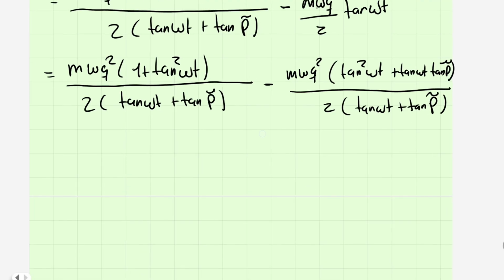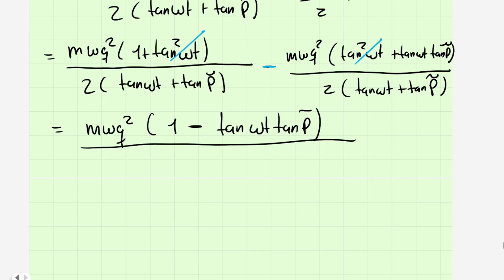So here look that we have m omega q squared times tangent squared omega t, and then we are going to subtract m omega q squared tangent squared omega t. So this will cancel with this. So we will get m omega q squared, then minus, well, it will multiply 1 minus tangent omega t tangent p tilde. So this is divided by 2 times tangent omega t plus tangent p tilde.